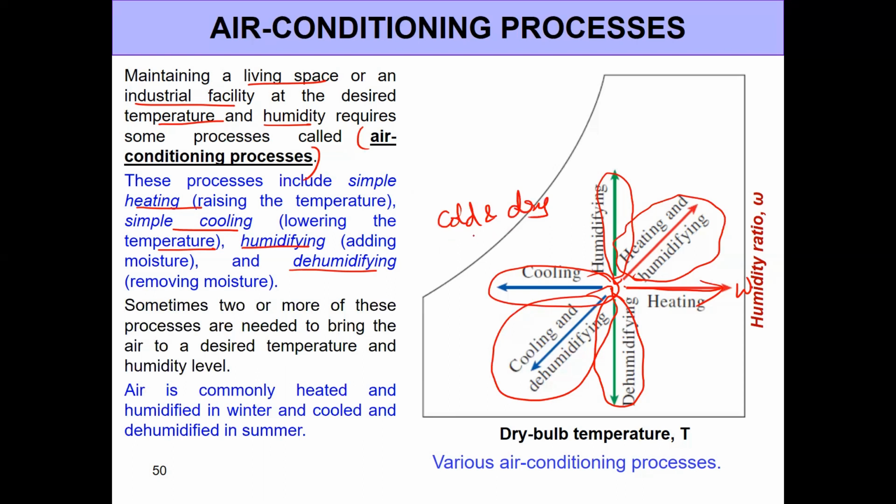So you've got to heat up the air to take care of the temperature requirement, but you also need to increase its relative humidity, or humidify it, to keep us comfortable by avoiding the dryness of the air, which can make our skin dry and can cause irritation or allergies to a lot of people.